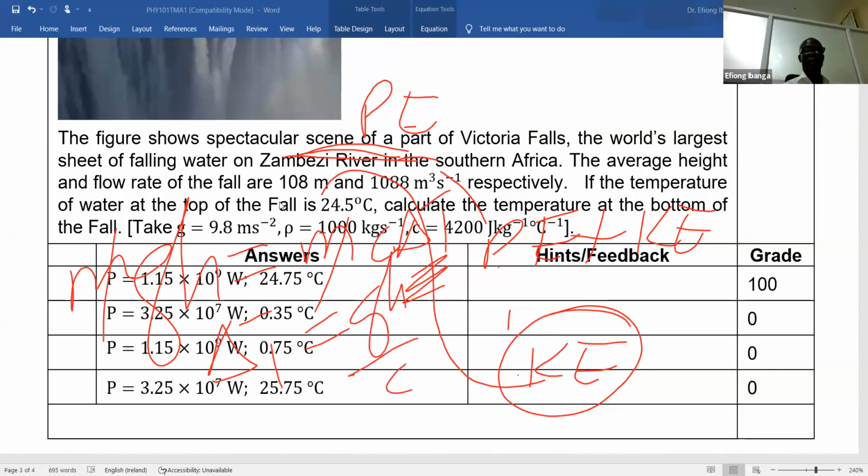Now, for you to be able to solve this kind of problem, you have to arm yourself with this kind of information. The question says calculate the temperature at the bottom. What I've given here is the change in temperature, so the temperature at the bottom can be calculated from that.